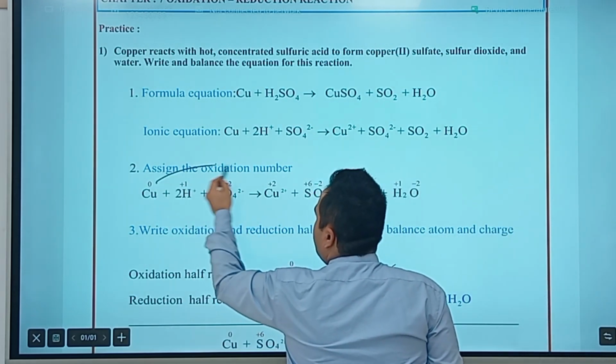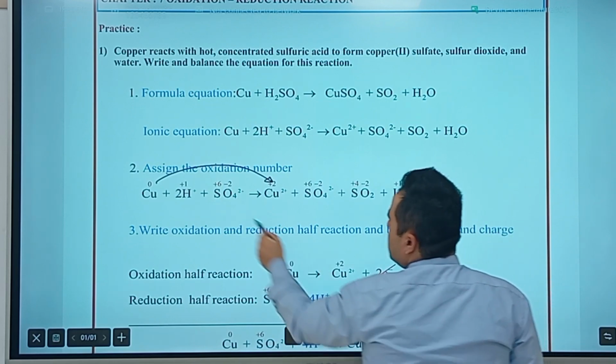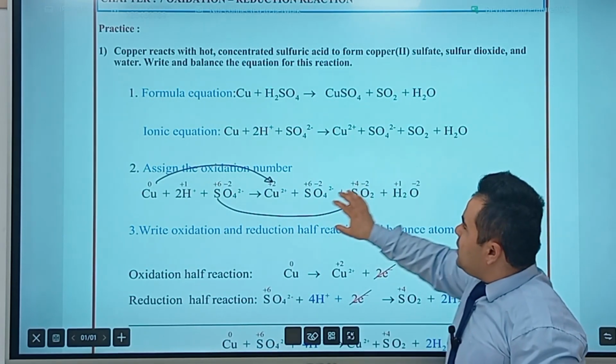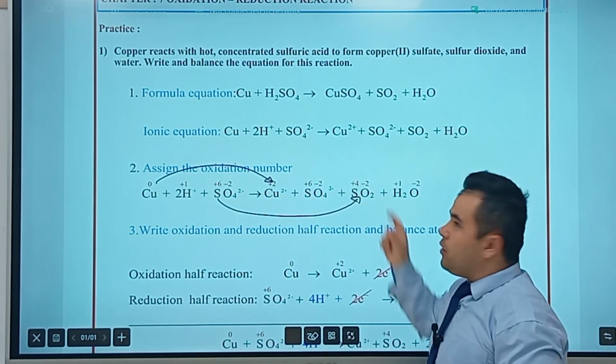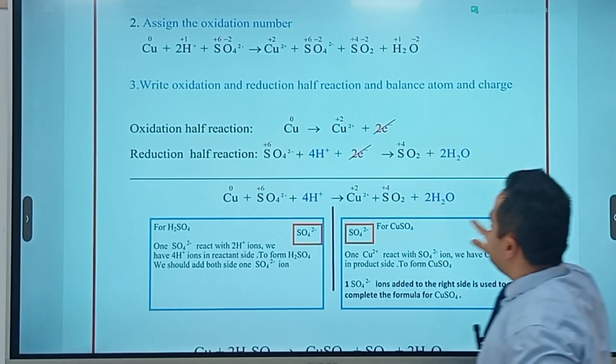As you can see, copper oxidized from 0 to 2. Sulfur reduced from 6 to 4. We will take just Cu positive 2, SO4 negative 2 to SO2 as those that change in oxidation number.